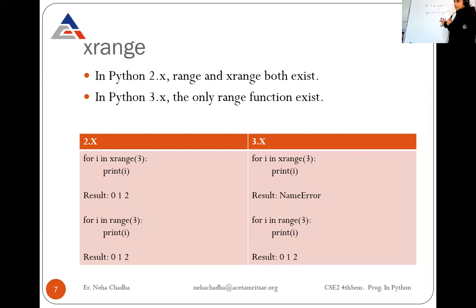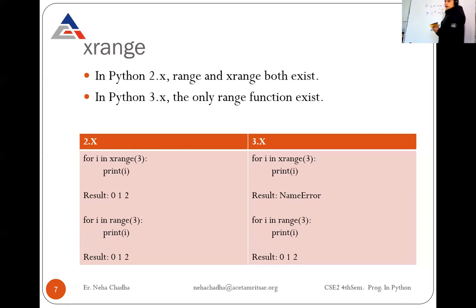I am initializing the value from 0, but in the case of Python, I am just going to give the name of the variable here. The name of the variable is i. I am not initializing any value here. My 0 is pending here.